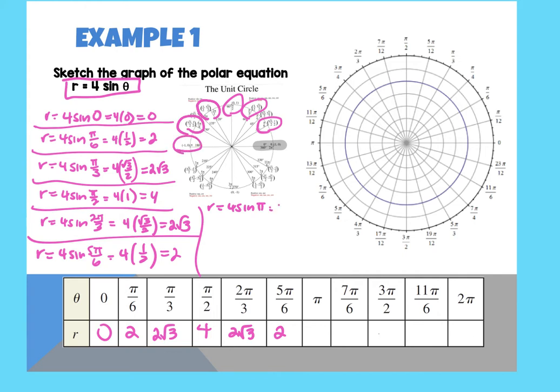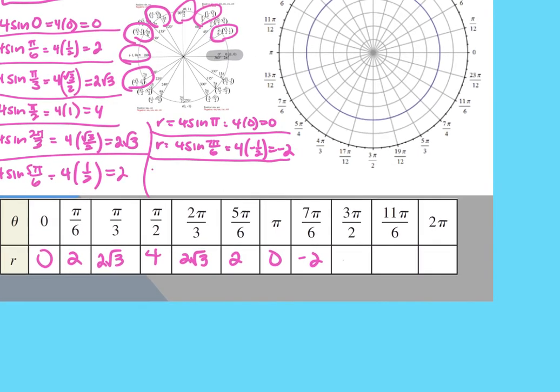Sine at pi is 0. At 7 pi over 6, it's negative 1/2. Is that a 7 pi over 6?